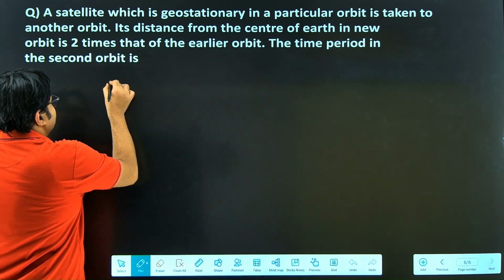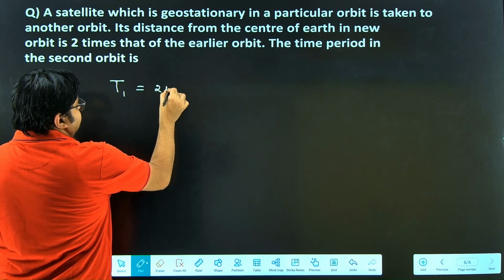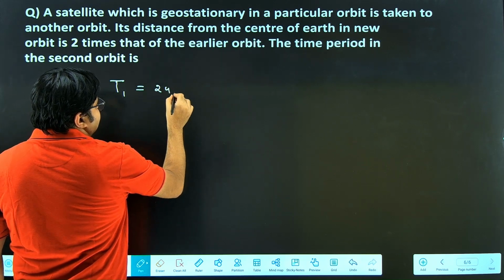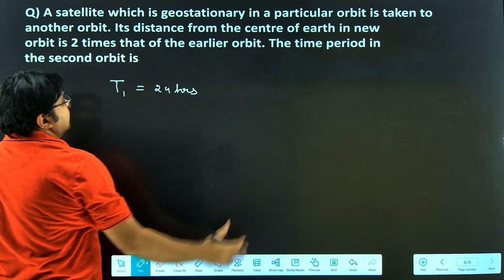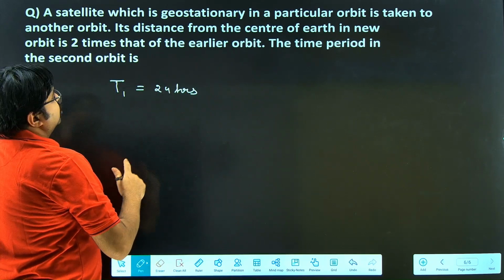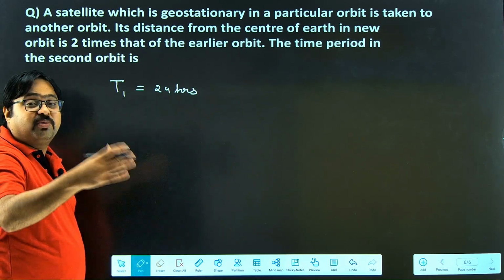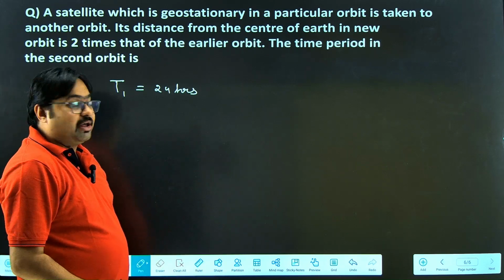So we know that the time period T1 is 24 hours, because the question says that it's a geostationary satellite. Which is a particular orbit is taken to another orbit. Its distance from the center of the Earth in the new orbit is twice that of the earlier orbit.